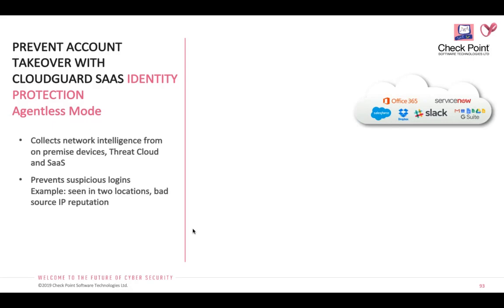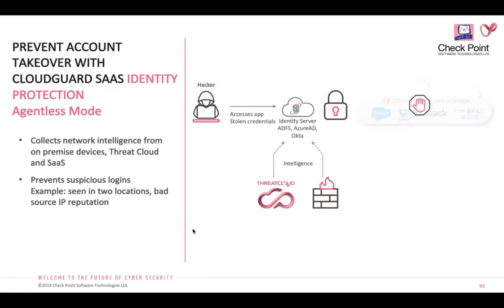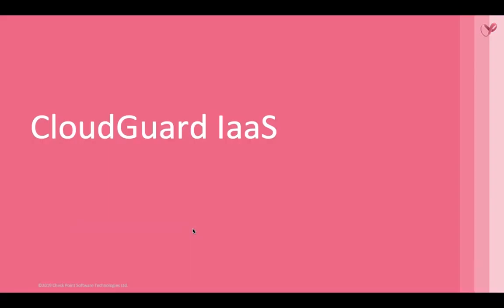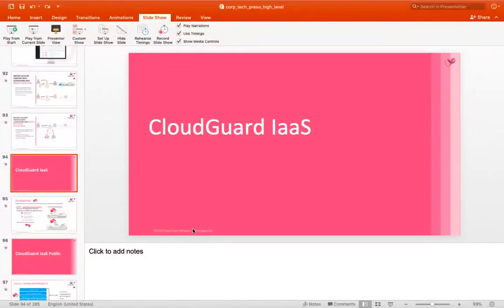For example, high severity will look for a lower confidence value, and medium severity will look for a medium confidence value. On the basis of the severity you set, it will block the attempt. This is how CloudGuard SaaS works.